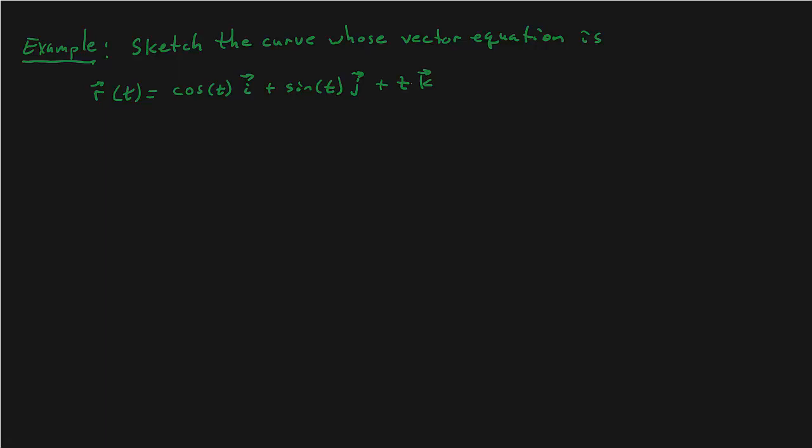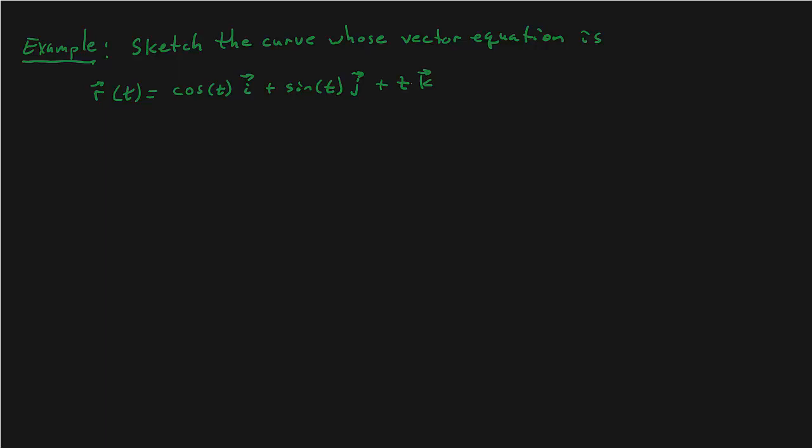All right, so let's take a look at this example. Sketch the curve whose vector equation is r of t is cosine t i plus sine t j plus t k. So when we're graphing these vector functions, it's a space curve, and the space curve is going along some surface.